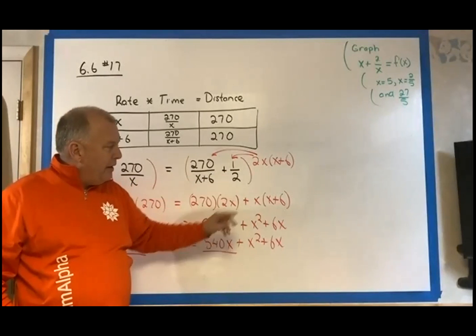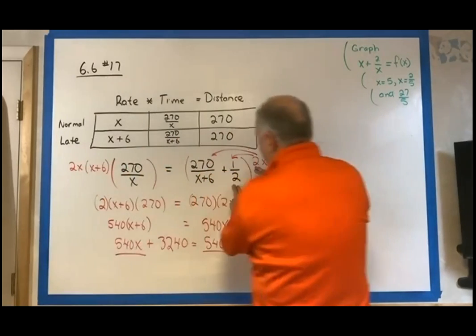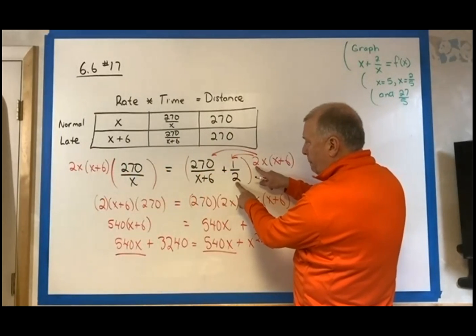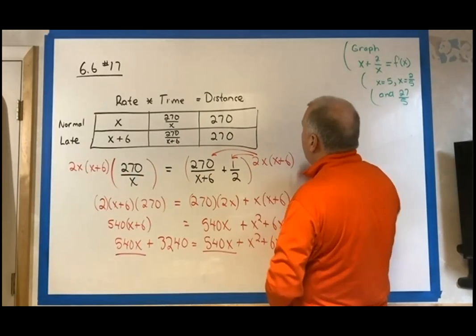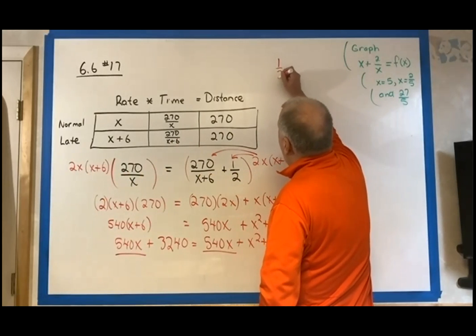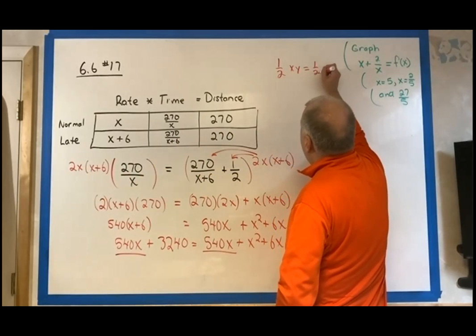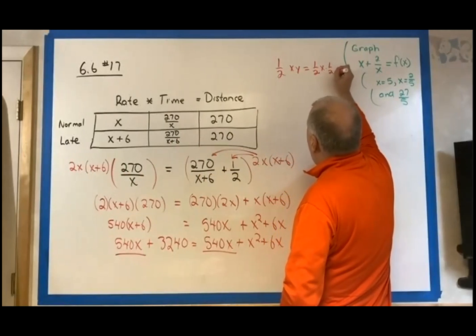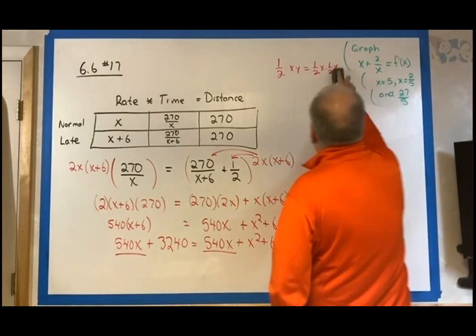There's no half left. Ah, I see. Okay, thank you. Is that what you're asking? Yeah, I got it. Literally, you only multiply by 1/2 once, just right there. You're not distributing the 1/2. For example, if you said 1/2 times x times y, you don't say 1/2 times x times 1/2 times y. You only use the 1/2 once. Okay, good question.